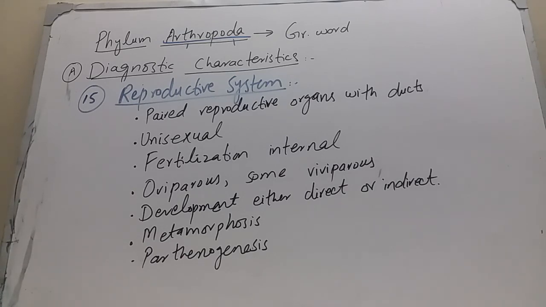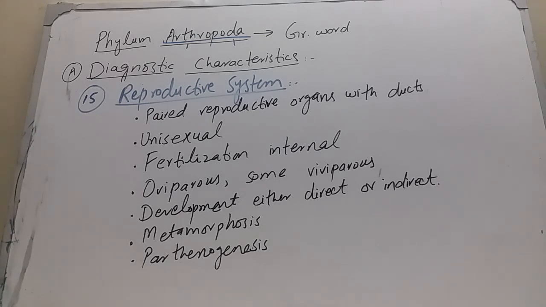Fertilization is mostly internal. Sometimes external fertilization also occurs. Arthropods are mostly oviparous. Some are viviparous, for example scorpions.